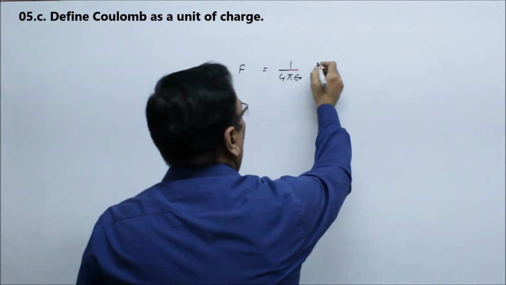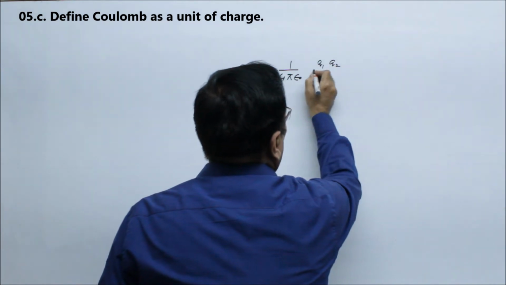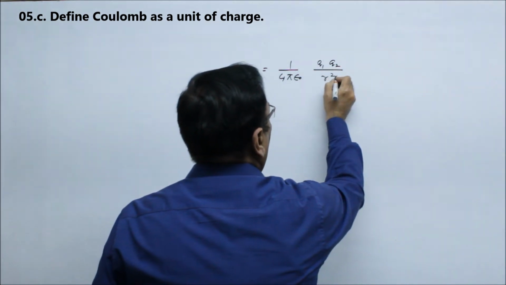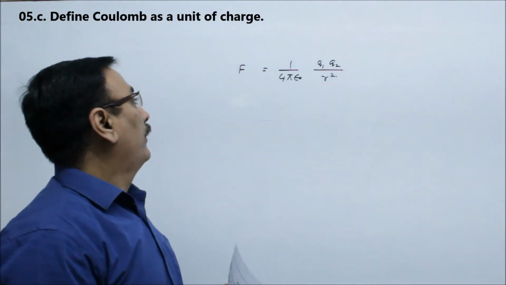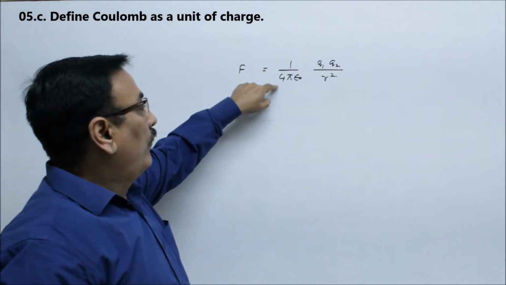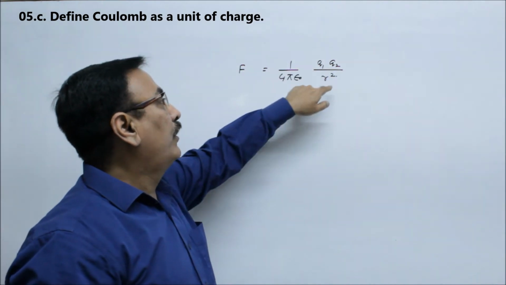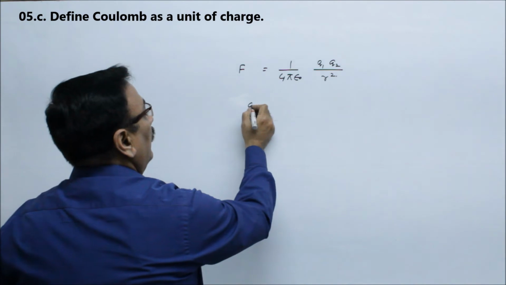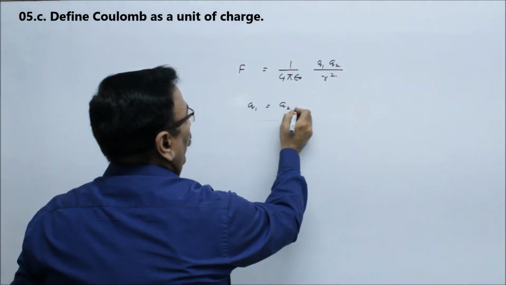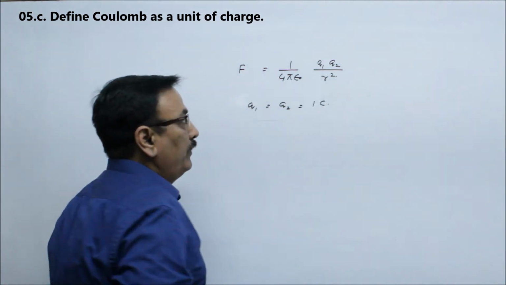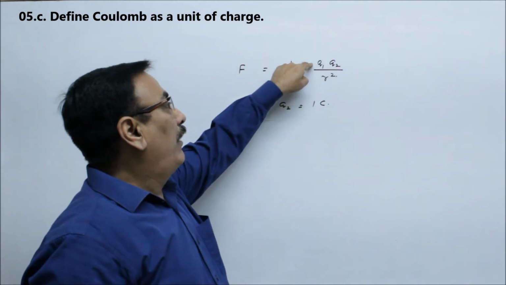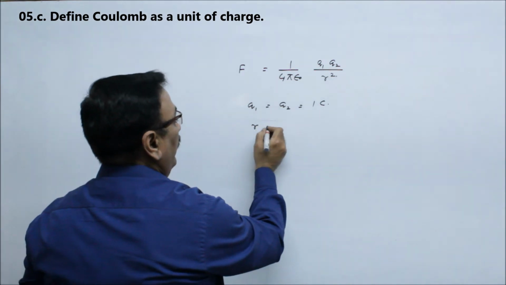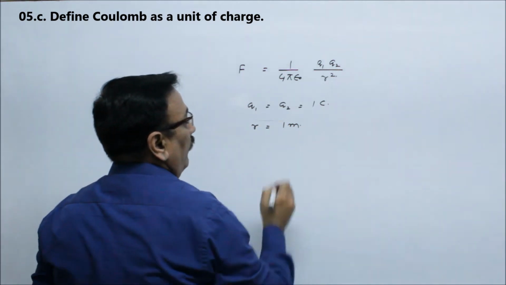Let us say we have two point charges Q1 and Q2 placed in vacuum, and the separation between them is R. So F is equal to 1 over 4 pi epsilon naught, Q1 Q2 divided by R square. Now let us say Q1 is equal to Q2 is equal to 1 coulomb, that is, both of them have a charge of 1 coulomb each, and the distance between them is equal to 1 meter.